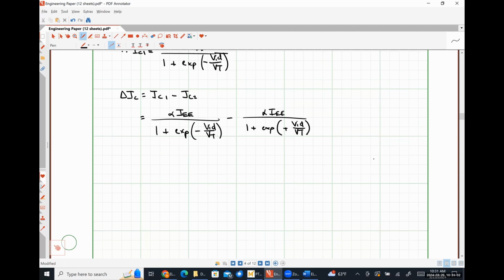Now, we're going to factor out effectively a common factor of EXP of negative VID over twice VT from both sides. So on this side, we're going to have alpha IEE divided by the exponential of negative VID over twice VT.